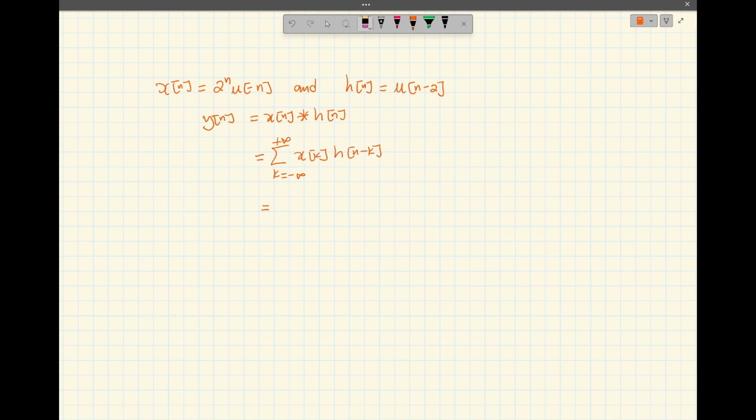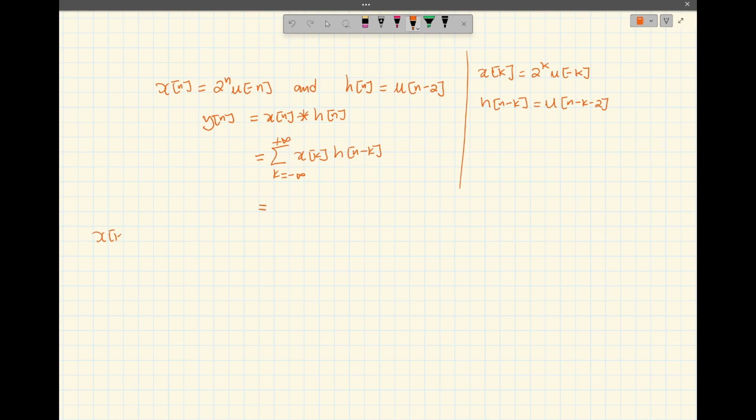We know that x of k is 2 to the k u of minus k, and h of n minus k is u of n minus k minus 2.